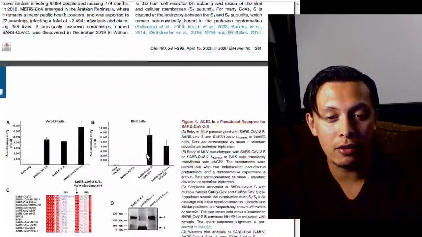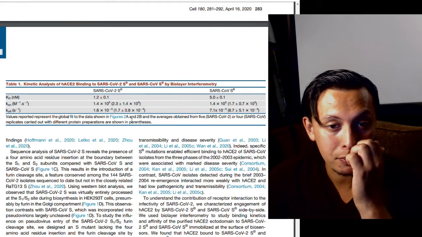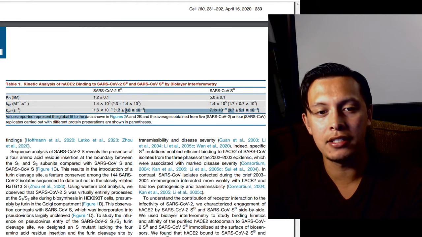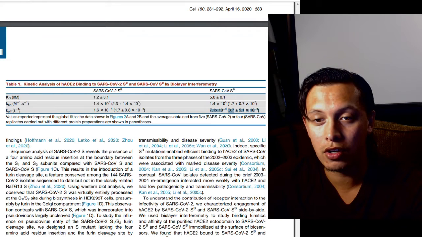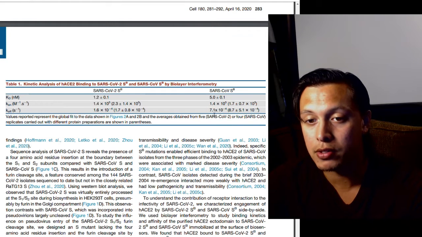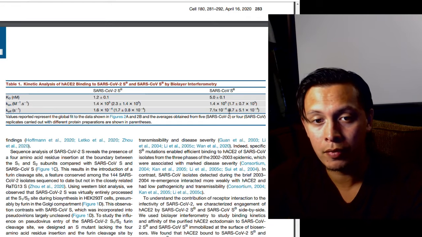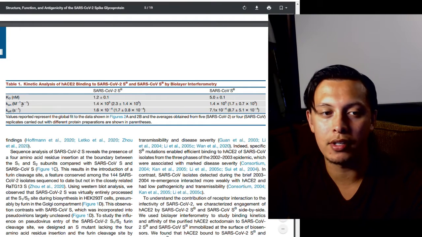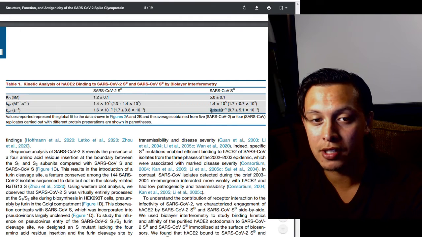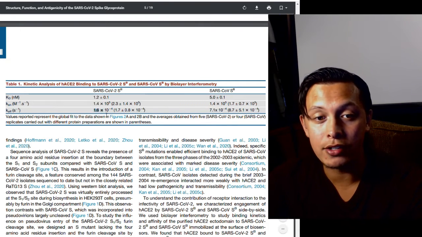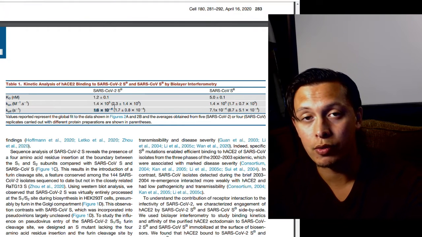Coming down to the table over here, we can see that the k off for the original SARS coronavirus spike protein is 7.1 times 10 to the negative fourth. These are the units for these k values, but it's 7.1 times 10 to the negative fourth. However, it is only 1.6 times 10 to the negative fourth for the new SARS coronavirus spike.